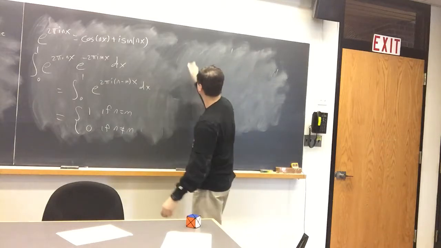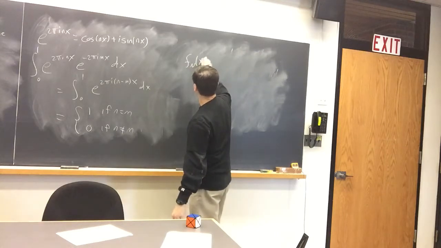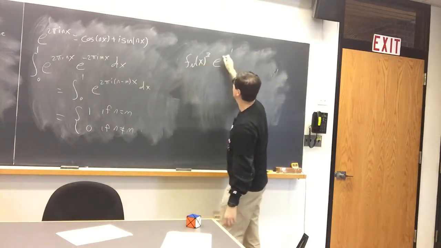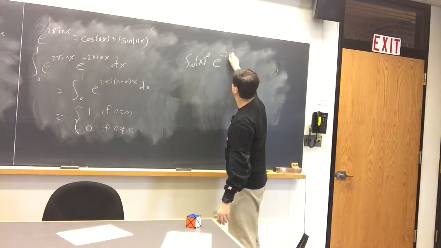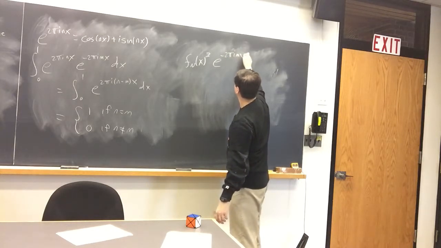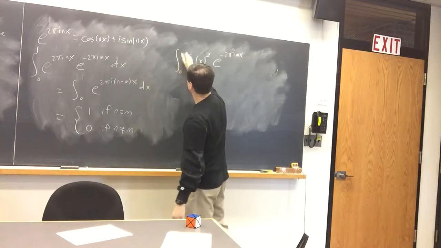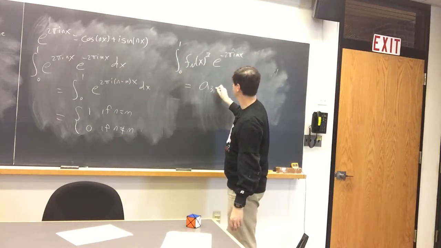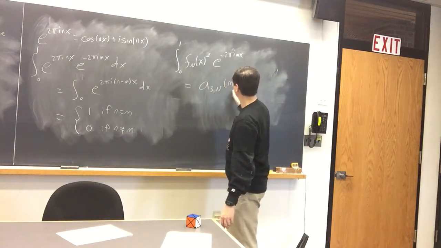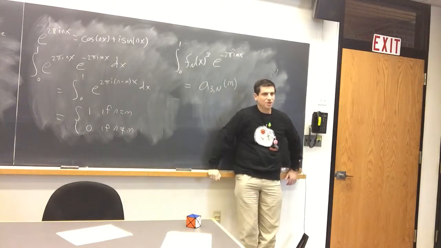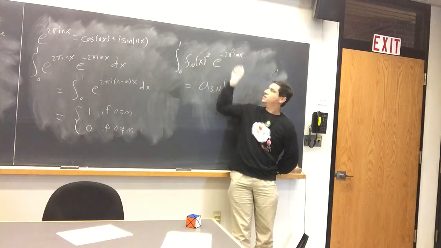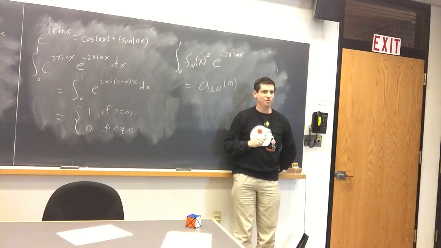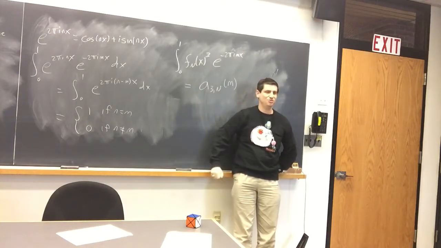So what we do is we take f_N of x cubed, we multiply by e to the negative 2 pi i m x. We integrate this from 0 to 1, and this will just be a_3N of m. So if you want to know, is your number representable as the sum of 3 primes, just do this integral.